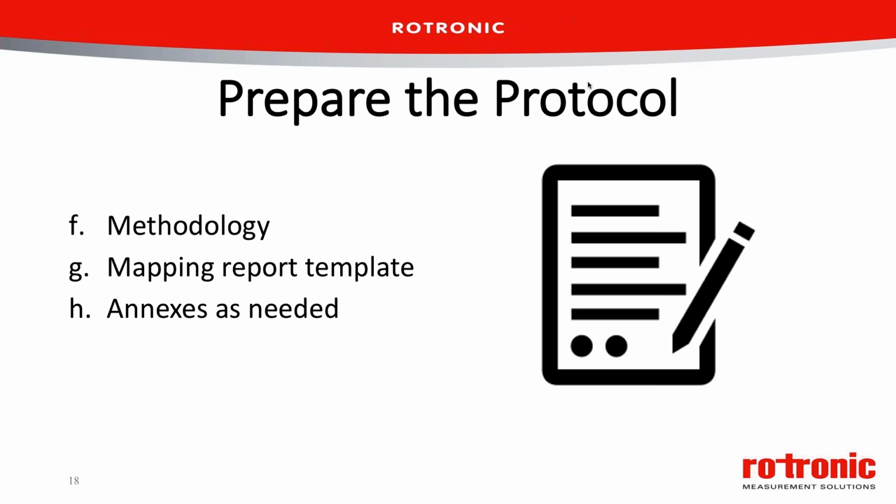The methodology contains probably 75% of the protocol when you get done. So it's a really important thing to make sure it's all spelled out and that an approver or regulator gets a really good feel of exactly how you got things done. And finally, an annex section can be added for any kind of additional reports or data that's generated.